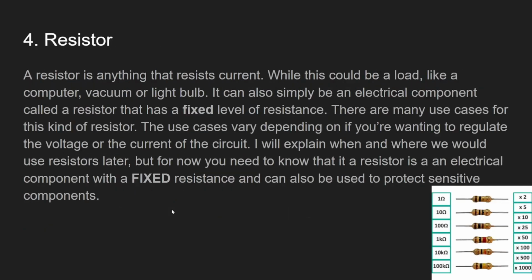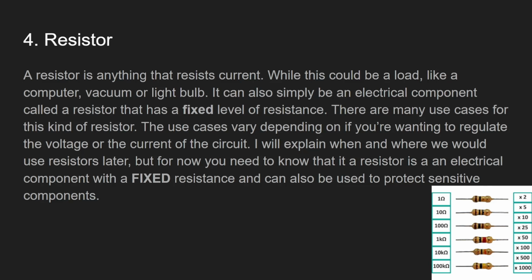Okay. Four, a resistor. A resistor is anything that resists current while allowing the flow of current. Wood isn't a resistor, but anything that allows electricity to flow through it can be a resistor. In fact, in the electrical trade, we have to calculate the resistance of wires if we're running long distances because it can affect voltage.